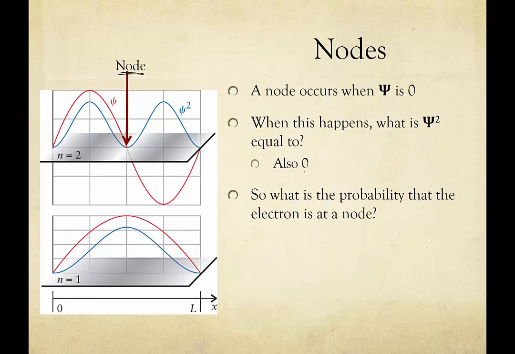If its probability density is 0, that means it is 0%, or it won't be there, ever. Now notice, that means that the electron can be here, and here, and here, and here, but never, ever, ever here. So it gets from here to here without ever going through the middle.